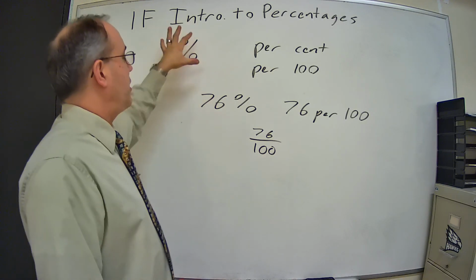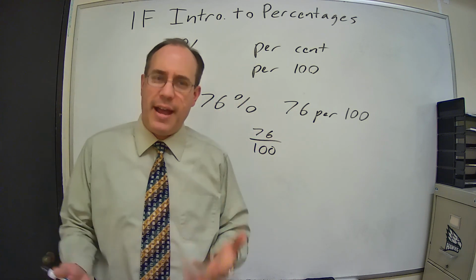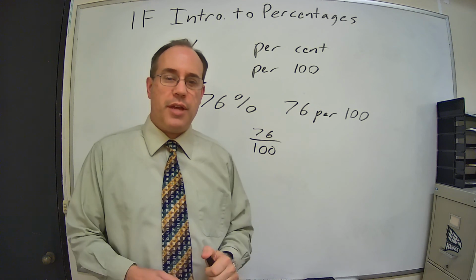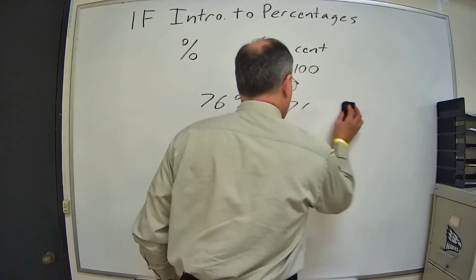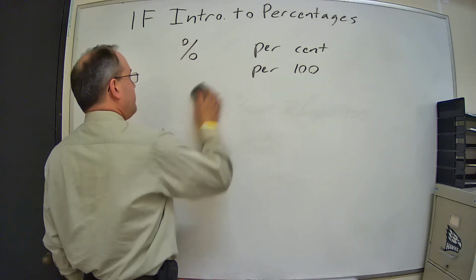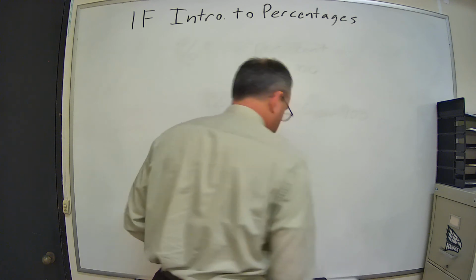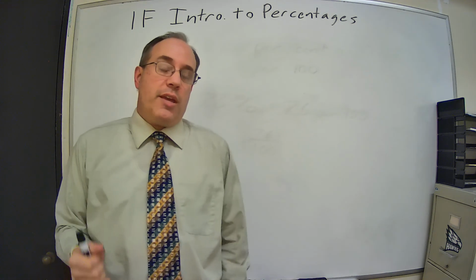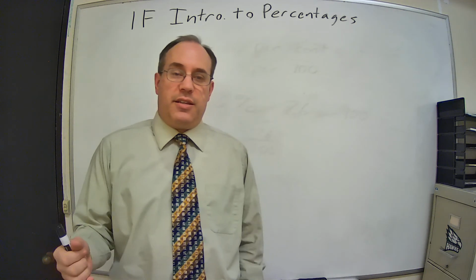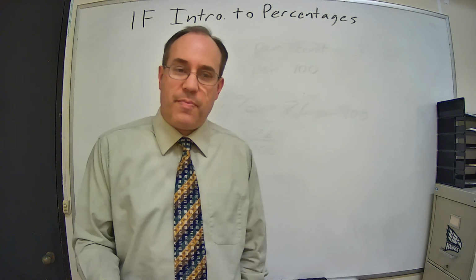So that's what I really like about that, is I can kind of see it as that ratio or that fraction when we're talking about a percent. So when we're looking at percents, we're looking at this ratio in comparison to 100. Which means that we can write percents as something in terms of hundredths.